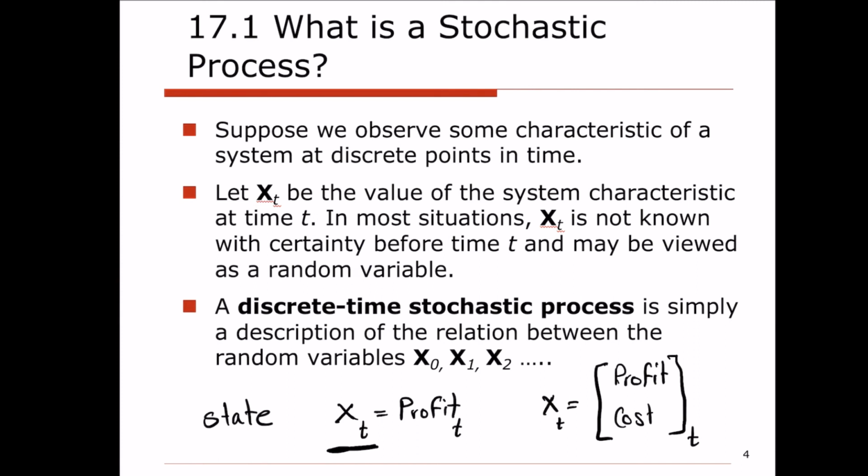So at the end of each day, we record the stock value. In that scenario, we monitor the characteristic of interest at discrete points of time, and those discrete points are basically the end of each working day. So those systems are called discrete time stochastic processes.